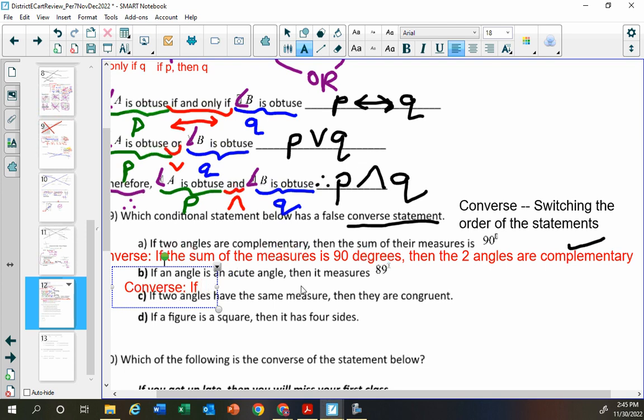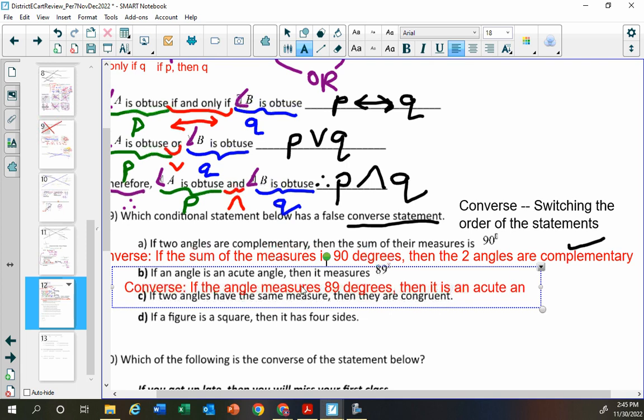The angle measures 89 degrees. If the angle measures 89 degrees, then it is an acute angle. Now, is that true? If an angle is 89 degrees, is it an acute angle? Yes, that's true too.